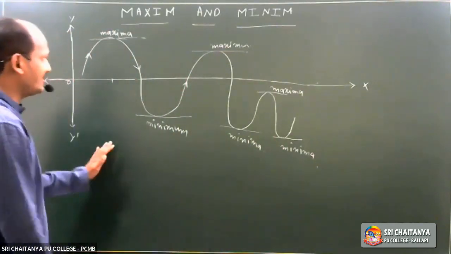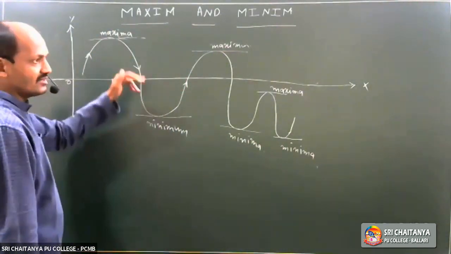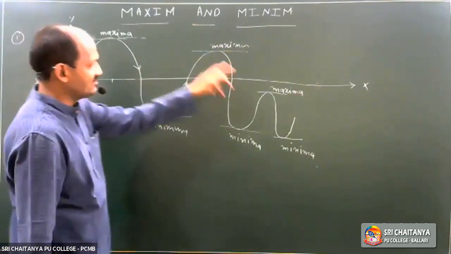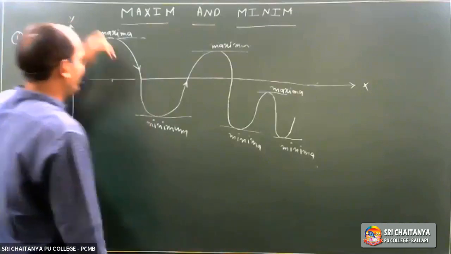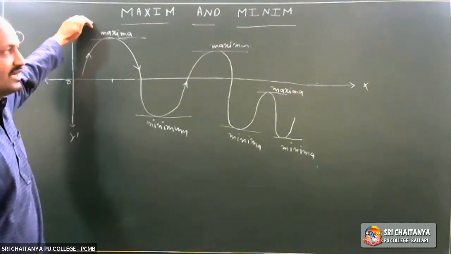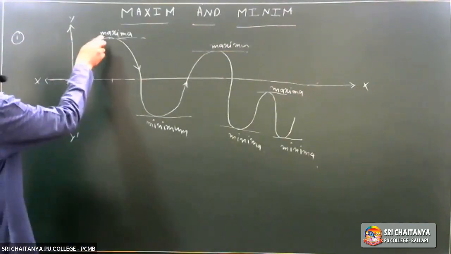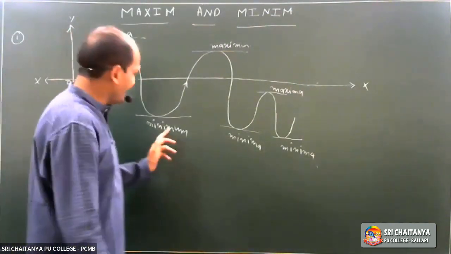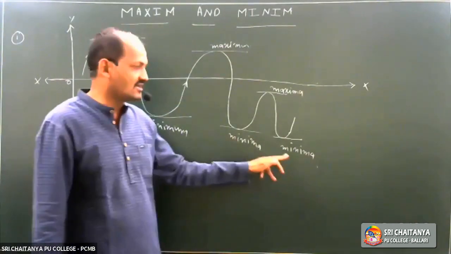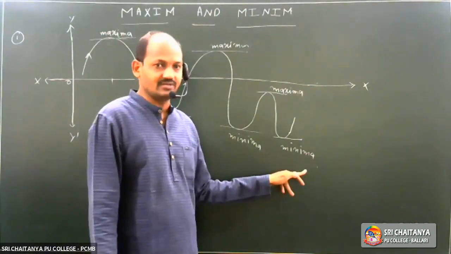The function has maximum values. This is a maximum, this is also a maximum, but it is the largest value. It is called the absolute maximum. This is a minimum, this is also a minimum, but this is called the absolute minimum value.